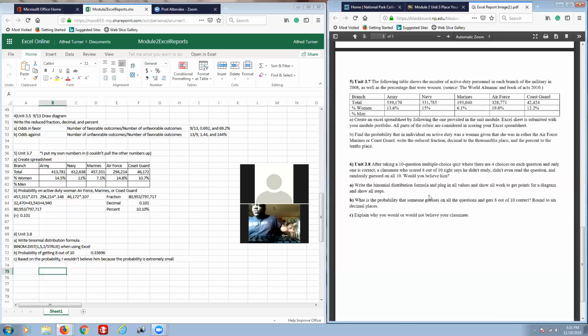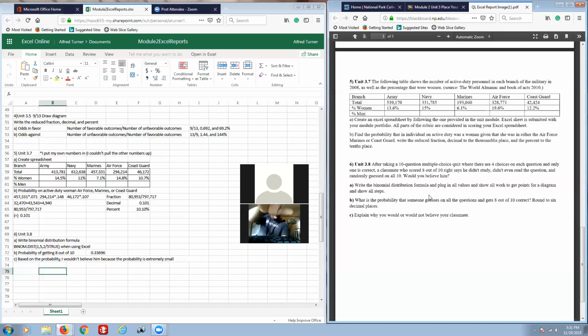Air Force, I took that and multiplied by the percentage. I took all the numbers and multiplied them by the percentage, and then I added them all together. And then I divided that over the other total numbers that I didn't use, was Air Force, Marines, and Coast Guard, the whole total number.